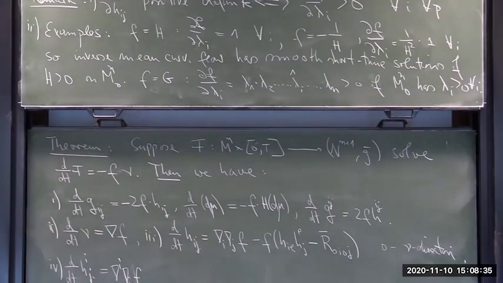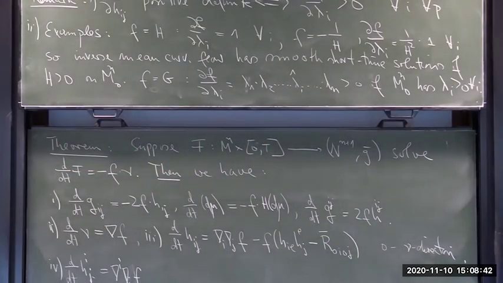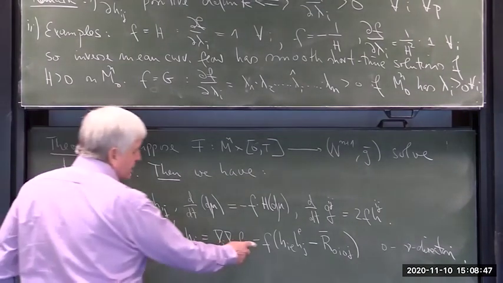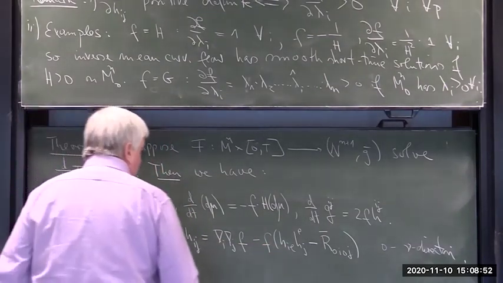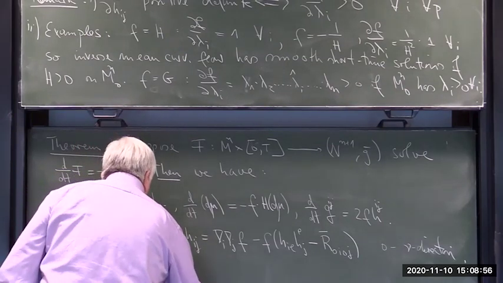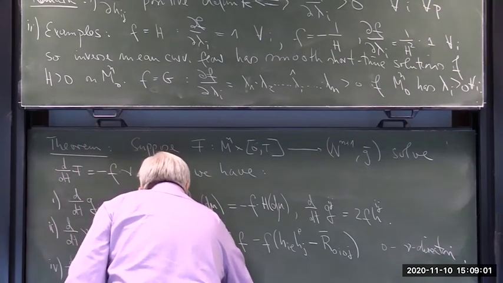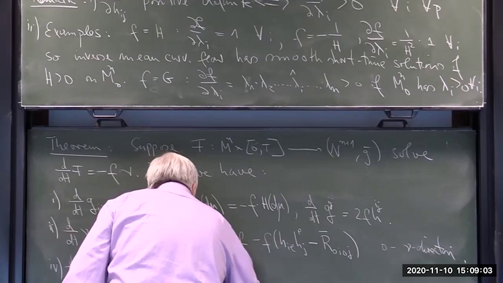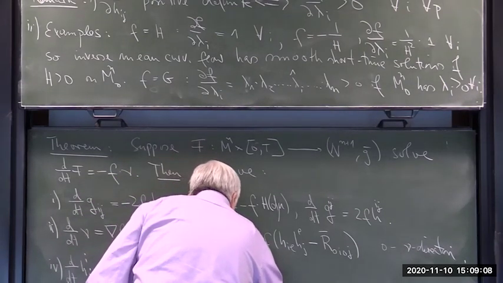And then because you've raised one index, you get an extra term coming from the derivative of the inverse metric, and that comes with a plus sign and cancels this minus term. So you end up with plus f times h_{il} h^l_j plus R-bar 0i 0j.